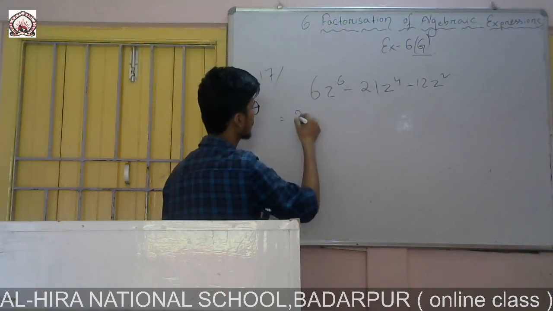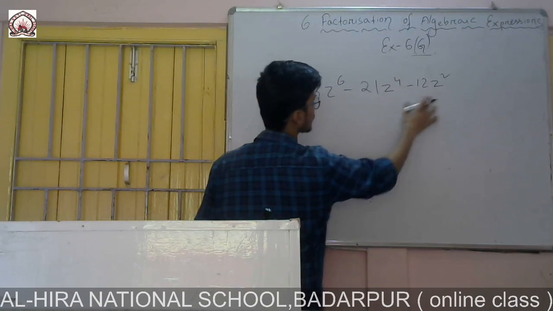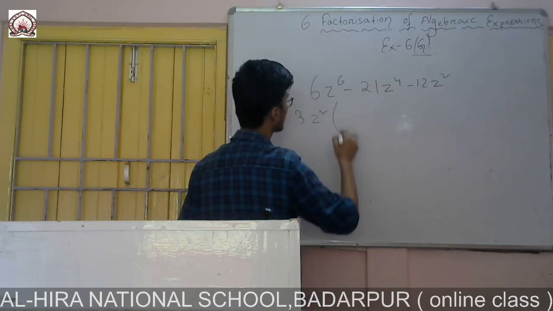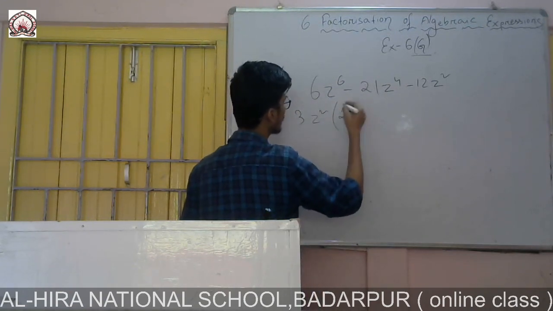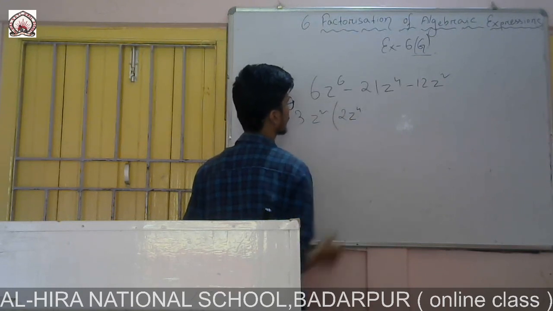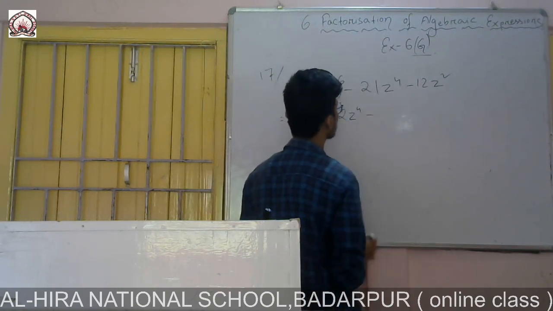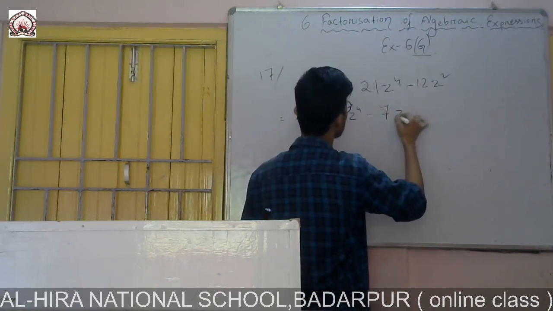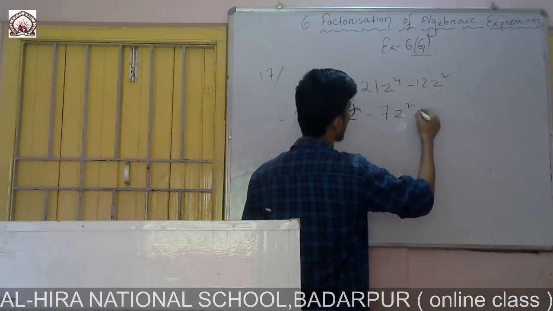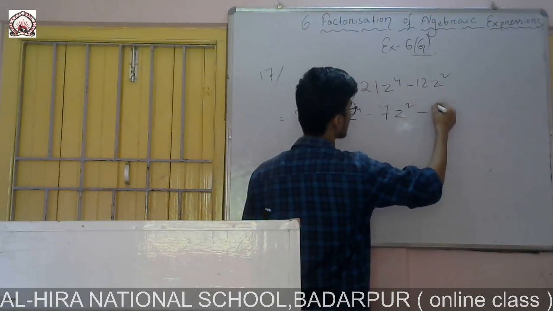So first of all I will take common term 3, and from z also I can take z square common. So after taking 3 there are left 2 and z to the power 4, again minus 7z square, and at last only minus 4.